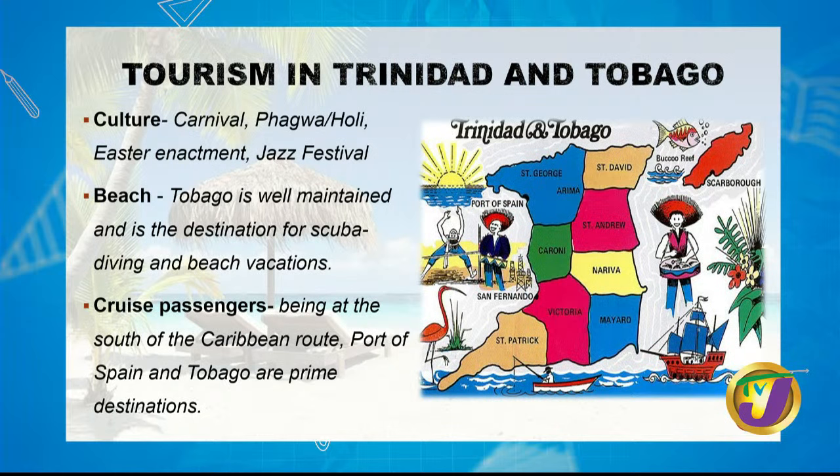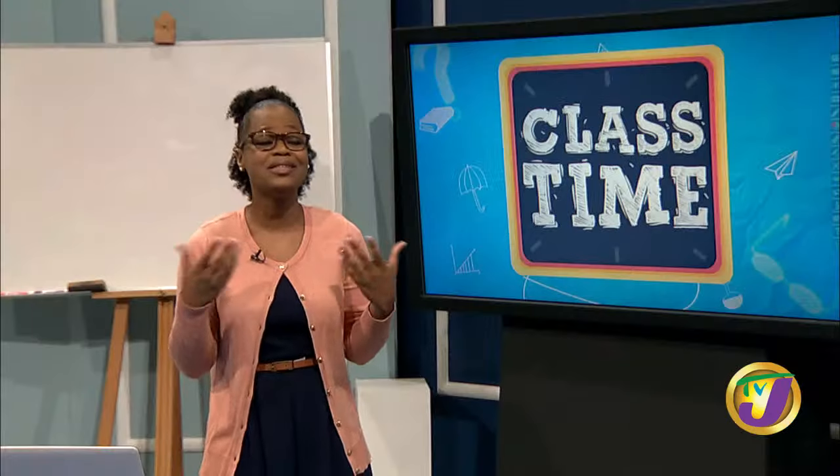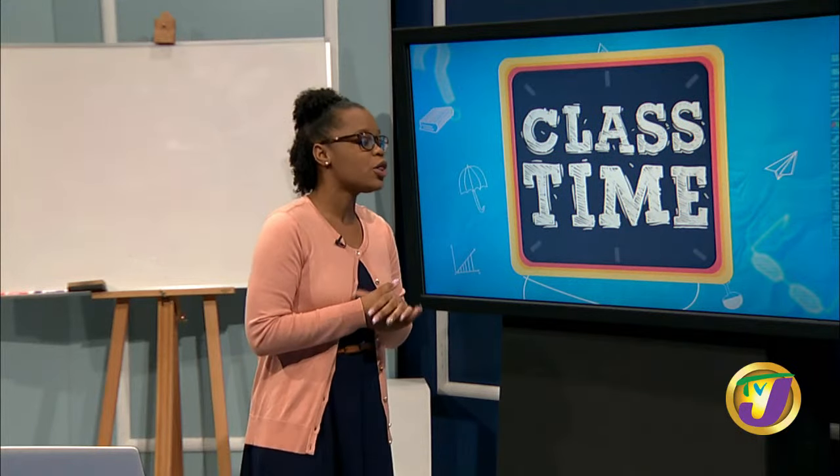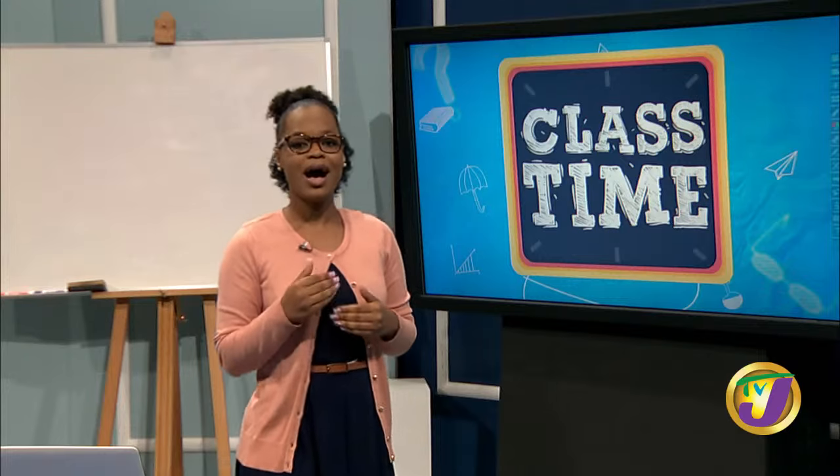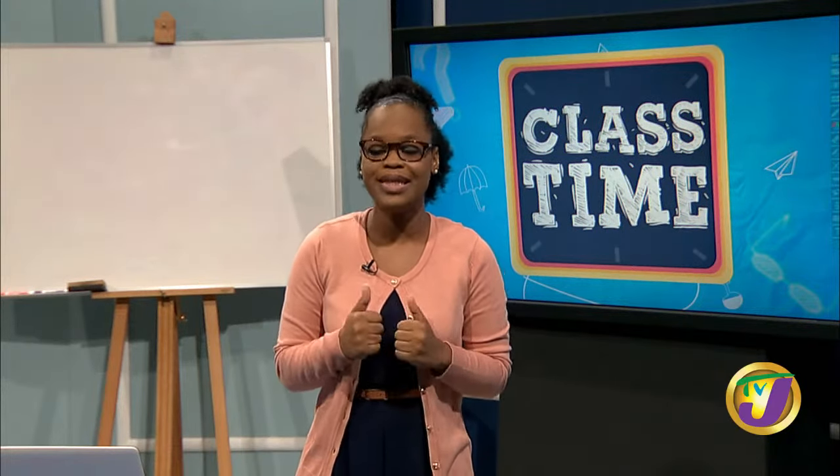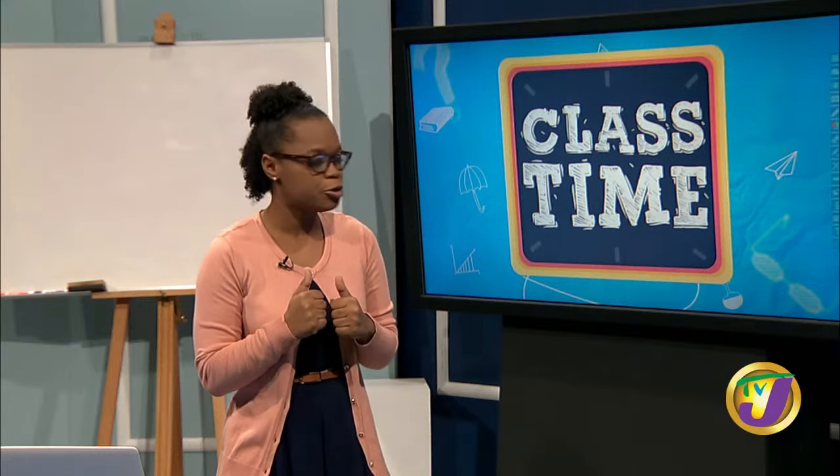They are coming from South America. Good. So when they visit via the cruise ship pier, some of them will just visit there for a couple of hours. They don't stay there. So being in the south of the Caribbean, it is a route, and on that route they will have access to Port of Spain, which is one of the main tourist destinations in Trinidad.